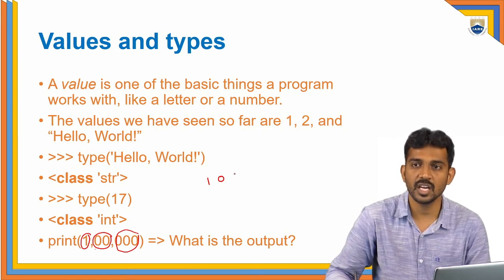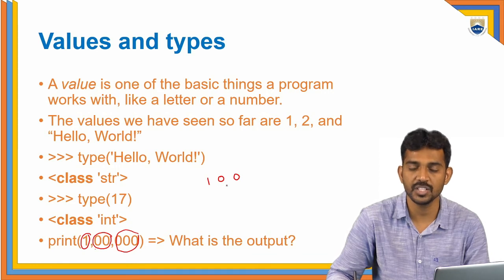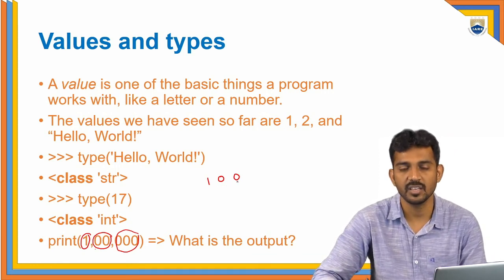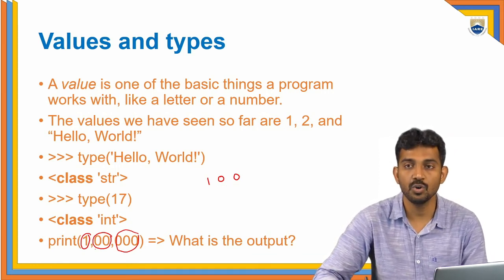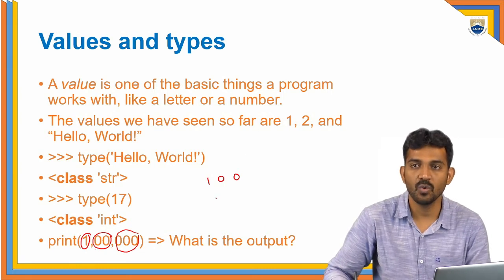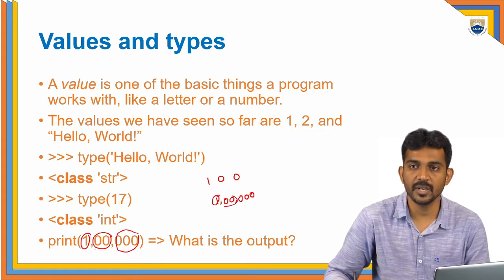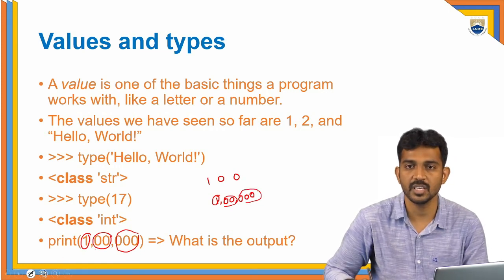That is why the compiler treats them that way, and it prints the output 1 0 0. Don't be confused: every comma separated statement is a separate statement for execution.